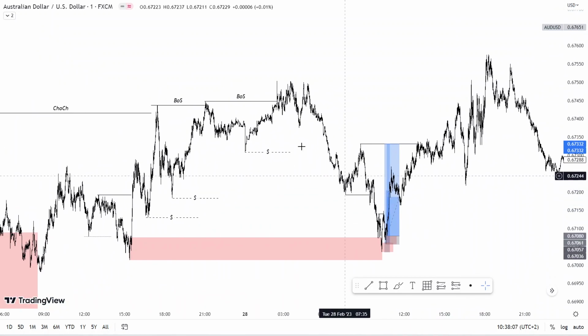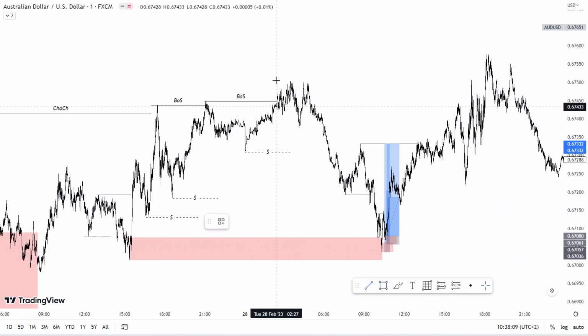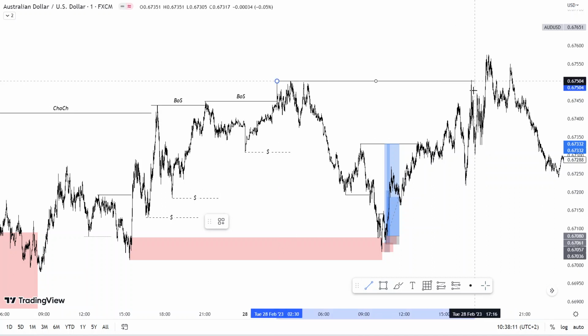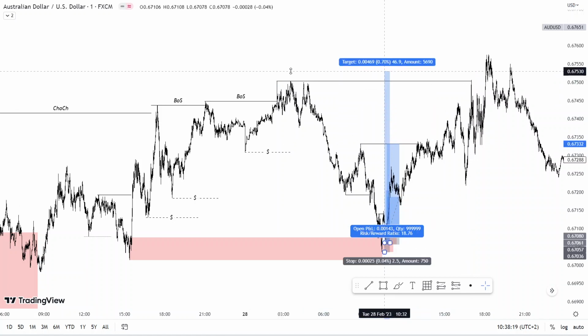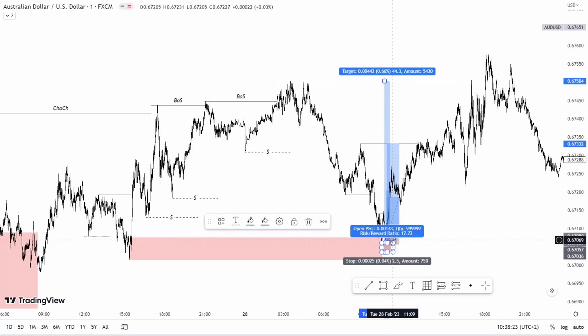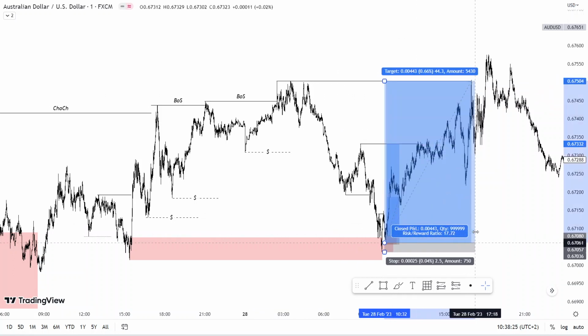Your final targets would actually be these equal highs right there. And on your first entry, this one is to 17 right there.